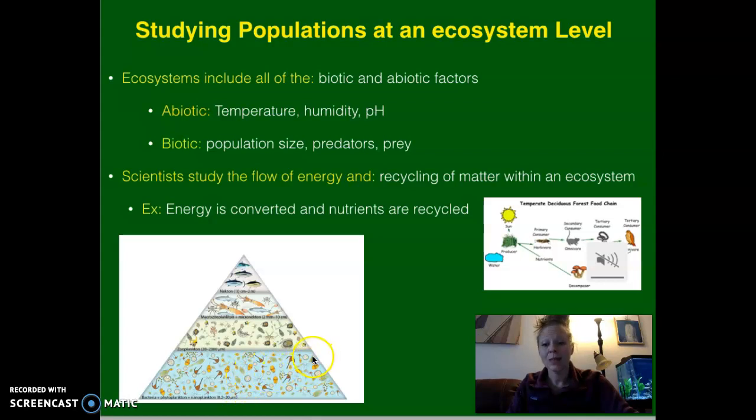And we know that 10% of that energy is lost every time something eats something. So as the energy flows up to the top of the pyramid, energy is lost at every step. We are taking into account this understanding of energy flow when we study ecosystems.